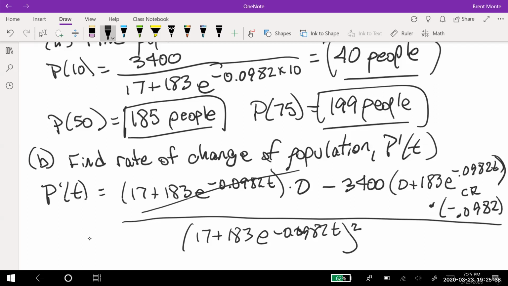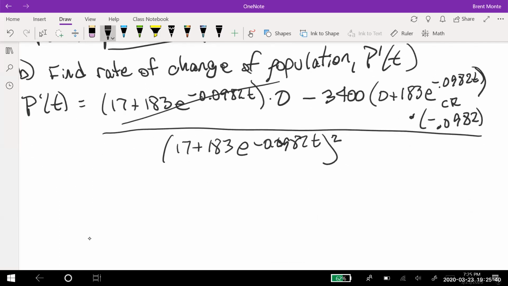All right, so let's see. It cleans up nice because that whole first piece went to 0. I'm going to multiply the negative 3,400 by the chain rule piece, times the 183. So negative 3,400 times 183 times negative 0.0982.